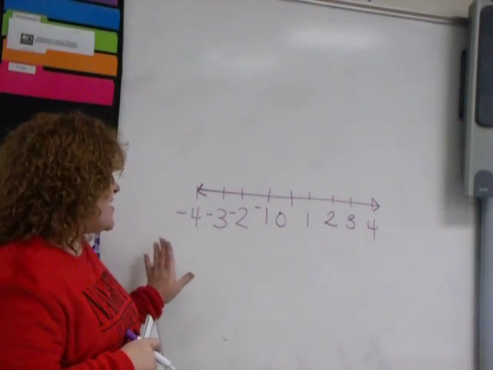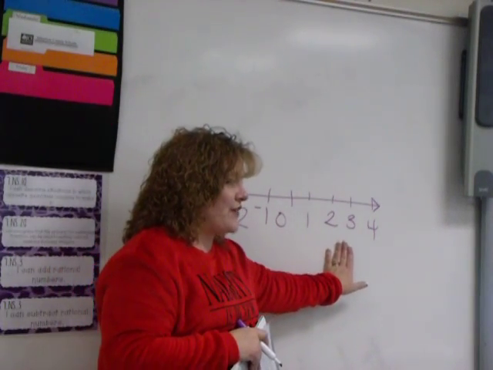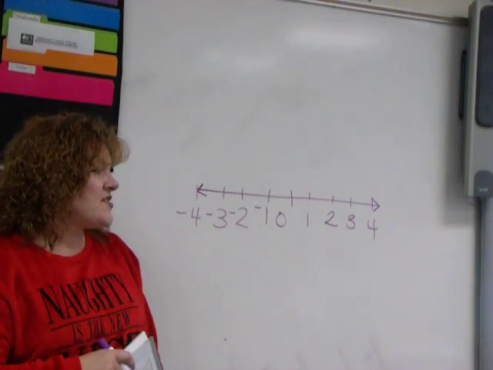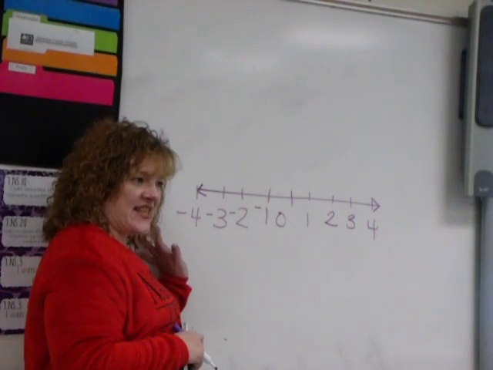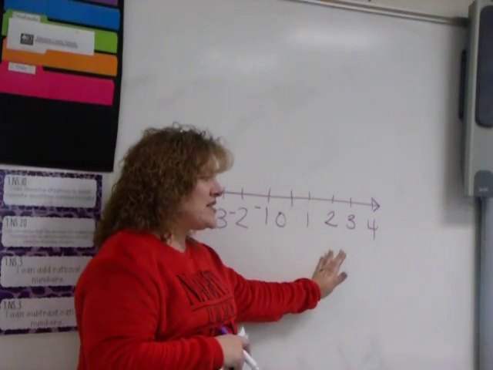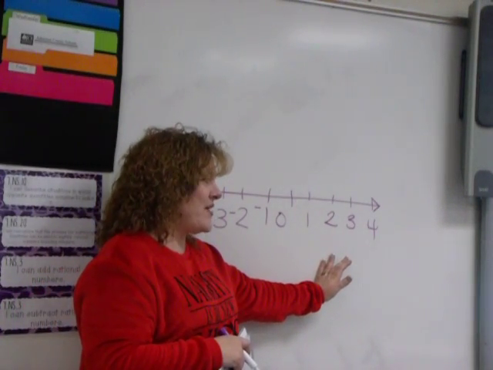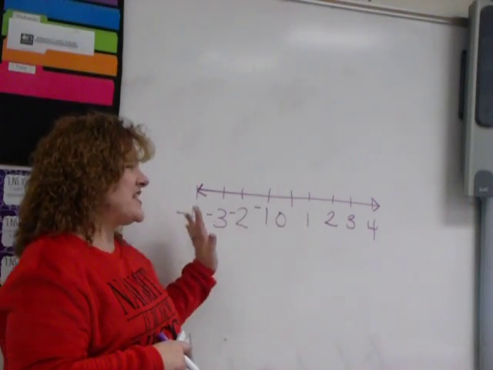If you follow a number line from left to right, they go from least to greatest. So any number that's to the left of another number is less than that number. Any number that is to the right of another number is greater than that number. So if it's to the left, it's less.